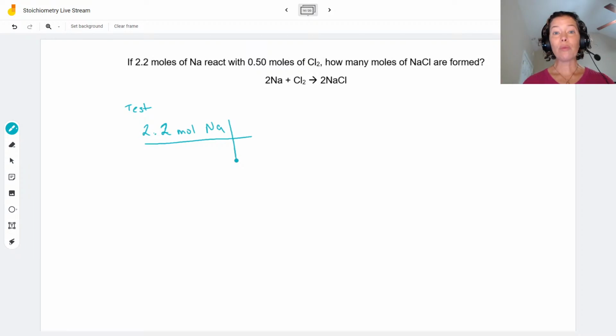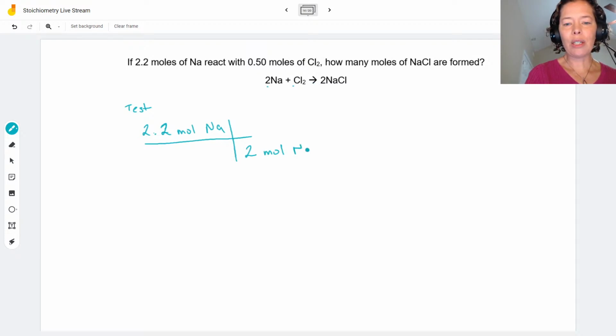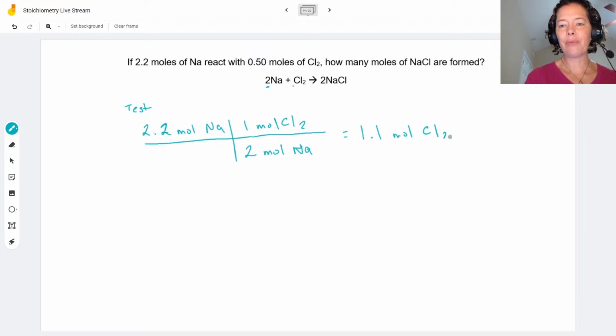I'm just going to use my mole ratio between sodium and chlorine to figure that out. So my 2 moles of sodium go in the denominator. Again, this comes from my stoichiometric coefficient. I want to figure out moles of chlorine. Of course, this calculation is pretty easy. That would be 1.1 moles of chlorine.